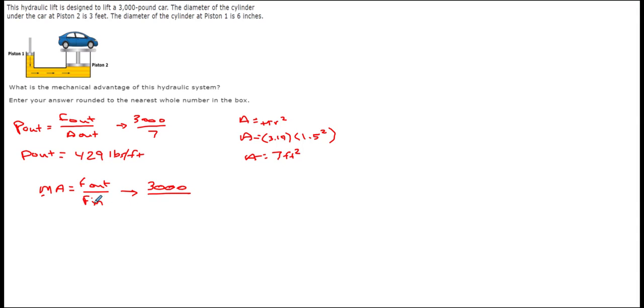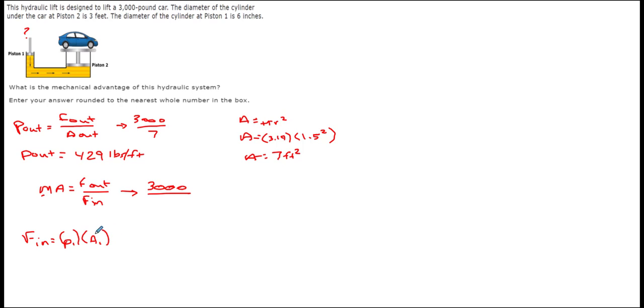What we don't know is the force being applied here. What we do know, though, is the diameter of this piston. So if we wanted to know the force at the input, we could do pressure times area, so pressure at piston 1 times the area of piston 1.